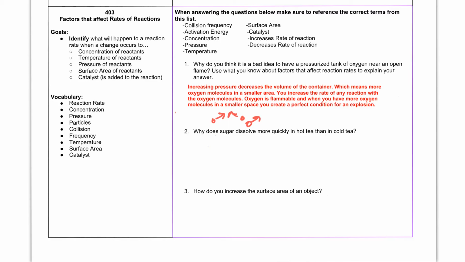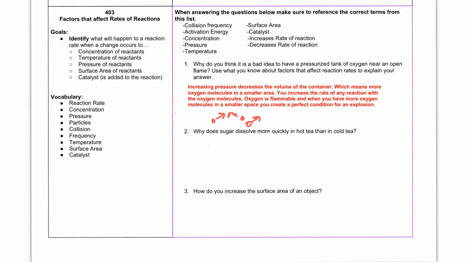If the oxygen molecules are moving too fast for the container to hold, the container will then burst open or explode, and now you have that flame with this new oxygen, and that flame will then expand exponentially because of all that excess oxygen.